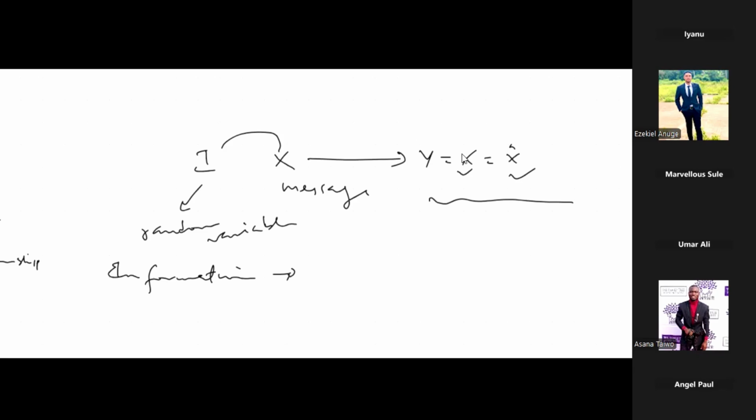Okay, and then we went on to say, if for instance, we transmit some M sub K messages for which each of these messages have probability of occurrence P sub K, then the information transmitted through this message M sub K with the probability distribution P sub K is given as I sub K being the same as the log to base A of 1 over P sub K, the probability of occurrence.